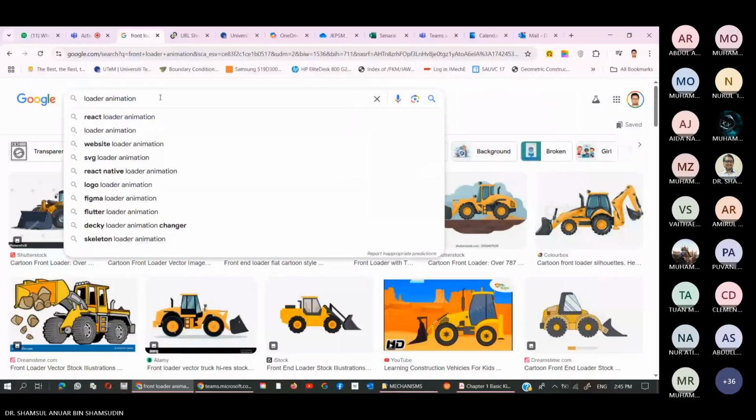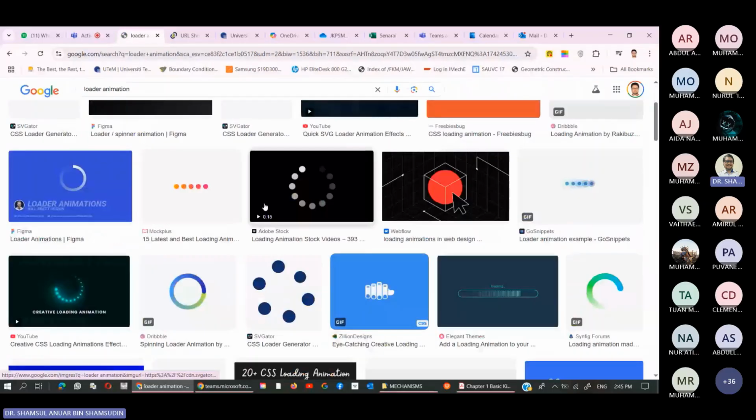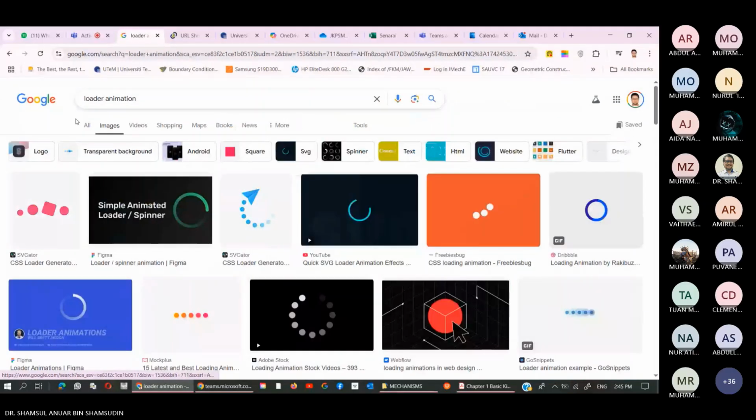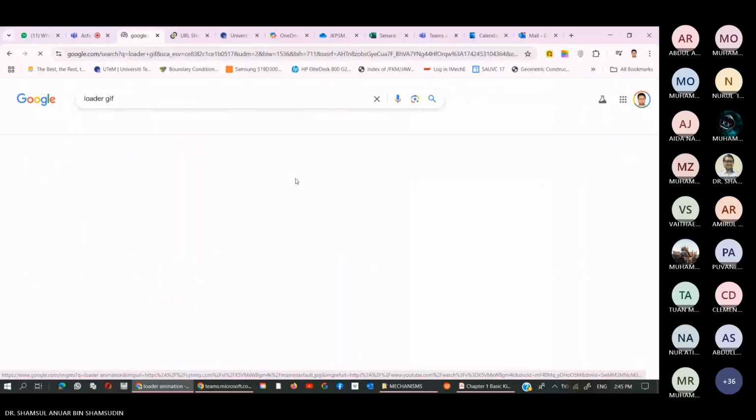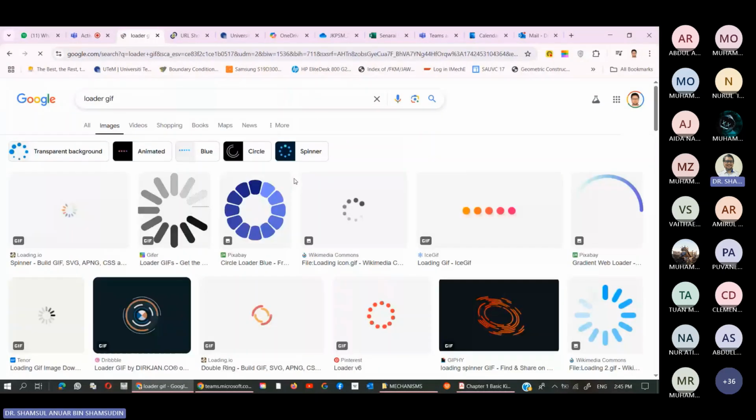Loader animation. Okay. GIF. Link, or maybe it's in the PowerPoint version of the notes.